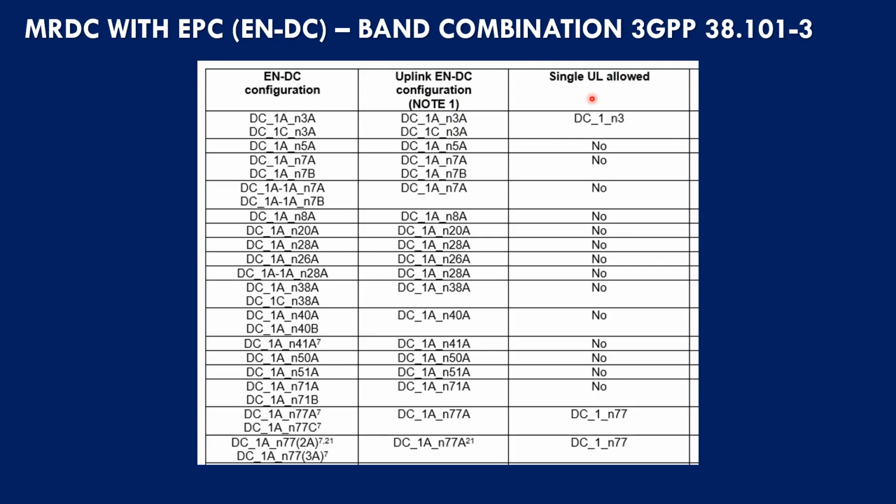In this slide, we'll be discussing the meaning of this attribute in the band combination table by 3GPP: single uplink allowed. What is it? As we know, we may indicate the capability of not supporting simultaneous dual uplink operation with the information element called single uplink transmission, which we have discussed in earlier slides.